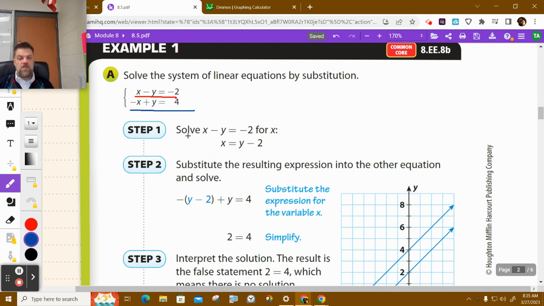So what they're going to do is solve this equation for x by just adding y to both sides. And when they did that, they got x equals y minus 2.